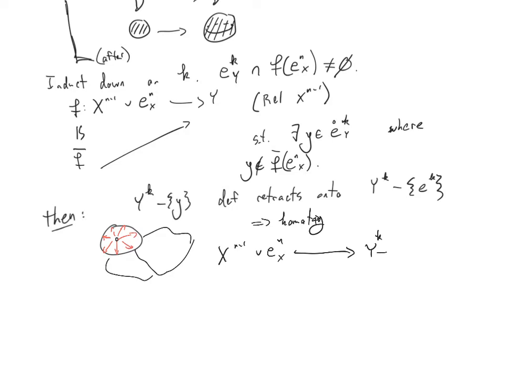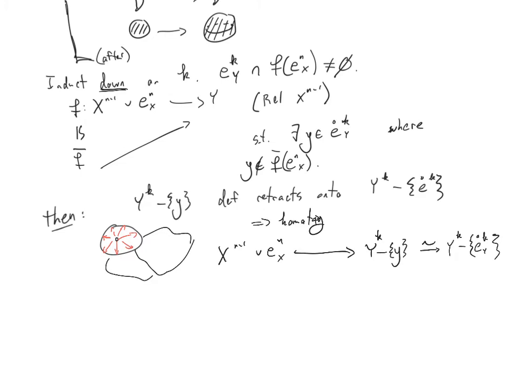It lands in yk because we're inducting down on k, so we're landing on yk minus y. And we know that this is deformation retracting onto yk minus the interior of ek.